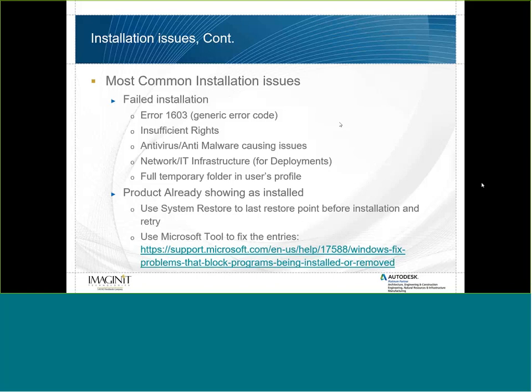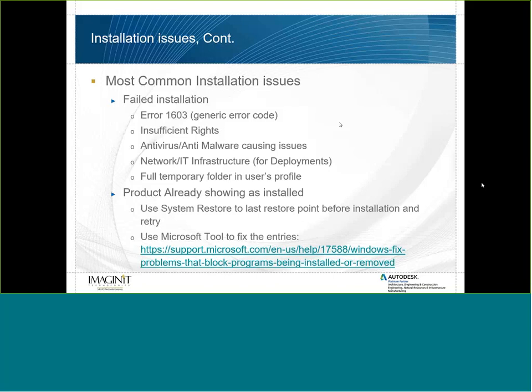The other one that we see often is the product already showing as installed after you've had a failed installation. Usually we see this when you've done the install, something failed and caused a fatal error. So some of the entries have been put into the computer's registry and show that the product's been installed even though there's nothing installed.